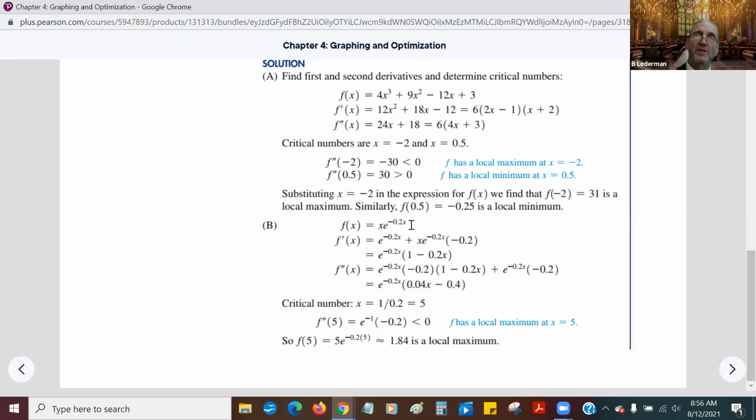so we have x times e to the -0.2x. Use product rule, and then factor everything out, and we get e to the -0.2x times (1 minus 0.2x). Again, we're going to have to do some product rule and some chain rule, a couple of fun things here. Actually, we did chain rule the first time also.